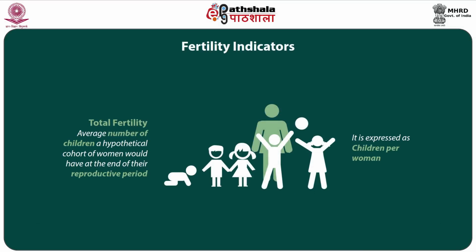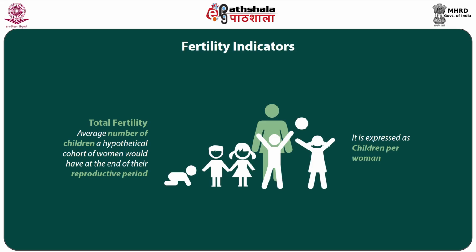Let us move to fertility related indicators. Let us talk about total fertility. When we talk about total fertility, we are talking about the average number of children a hypothetical cohort of women would have at the end of their reproductive period if they were subjected during their whole lives to the fertility rates of a given period, and if they were not subject to mortality.